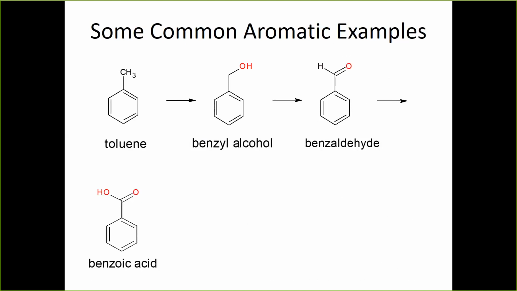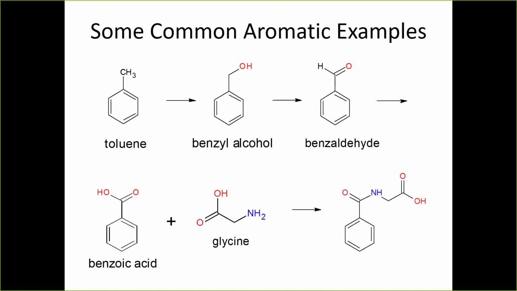There's one more thing that tends to happen, and this is why the small babies got the neonatal gasping syndrome: they weren't able to do this last step, which is a conjugation step that occurs when you add glycine to benzoic acid, and you form a product called hippuric acid, which is what you see on the far right there at the bottom. So hippuric acid is the primary urinary metabolite for toluene, and that's actually something we can measure, and it will indicate that somebody's been exposed to toluene.